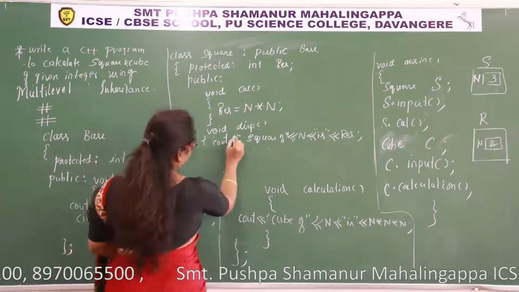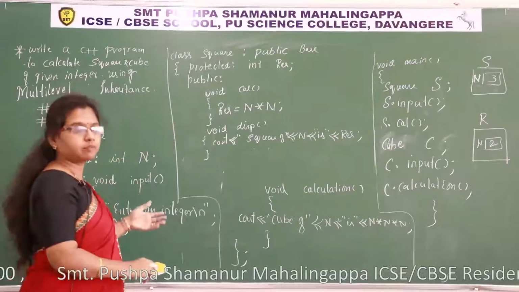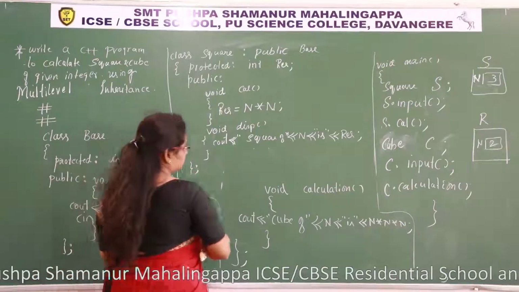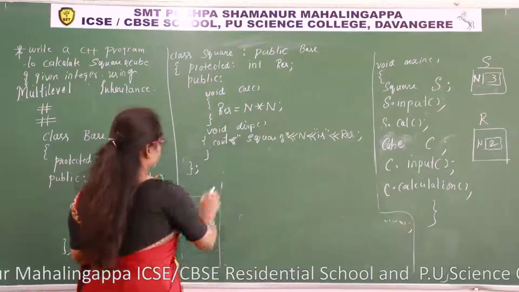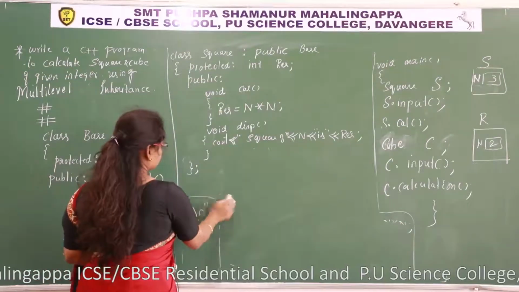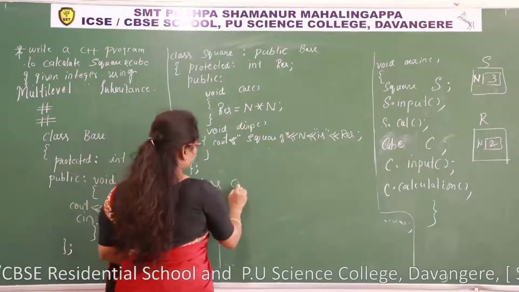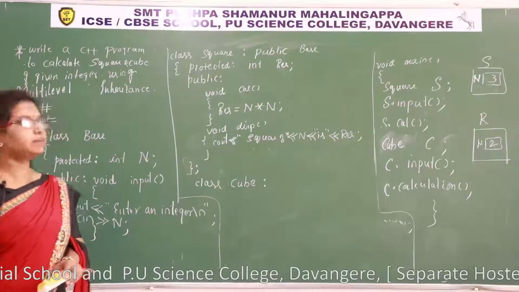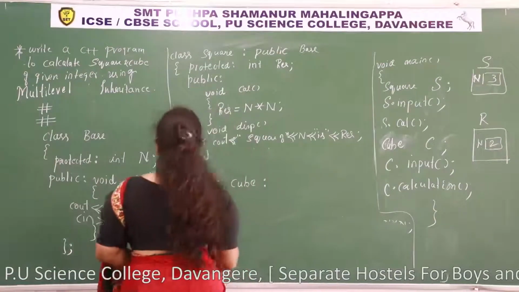Okay, now I hope you are understanding. I am changing the previous program to multi-level inheritance. Now class cube. So now class cube has to derive from class square because it is a multi-level inheritance.